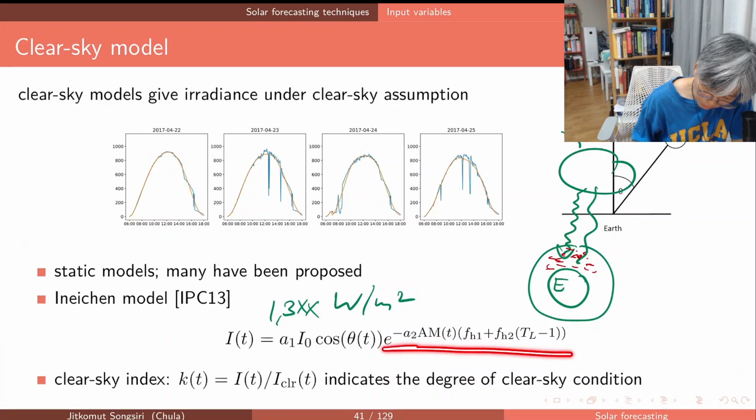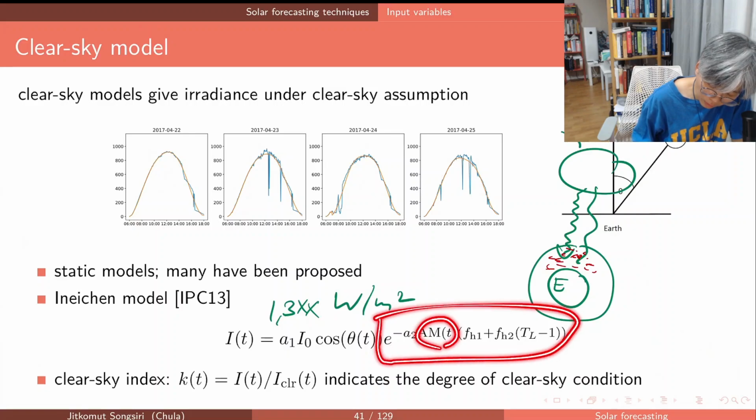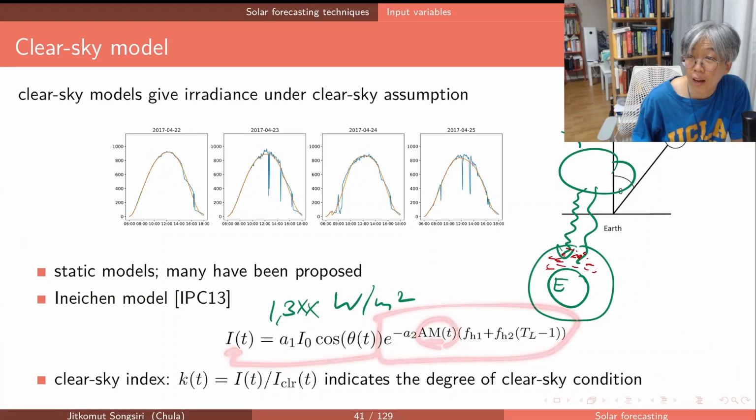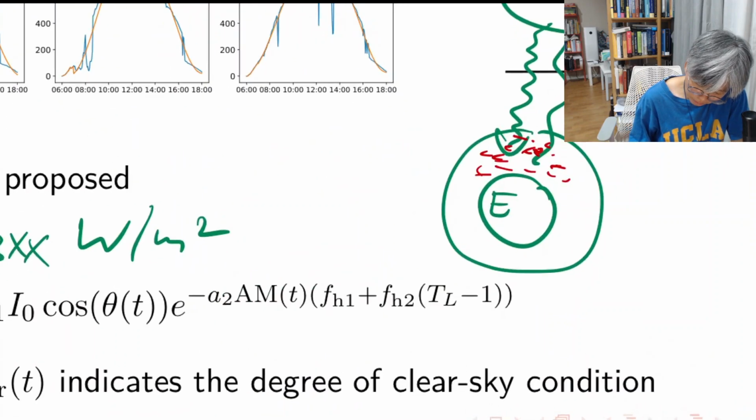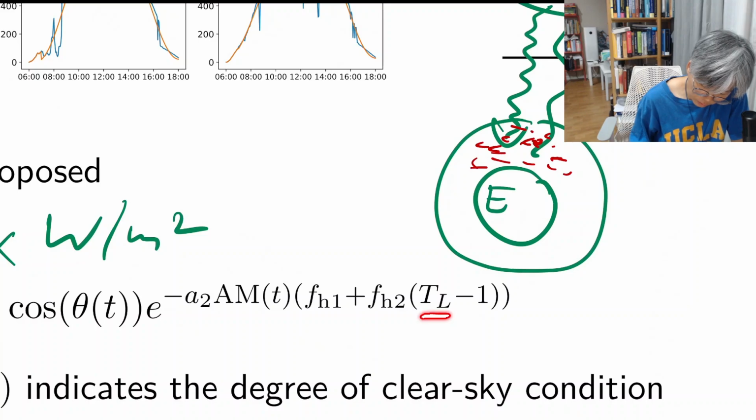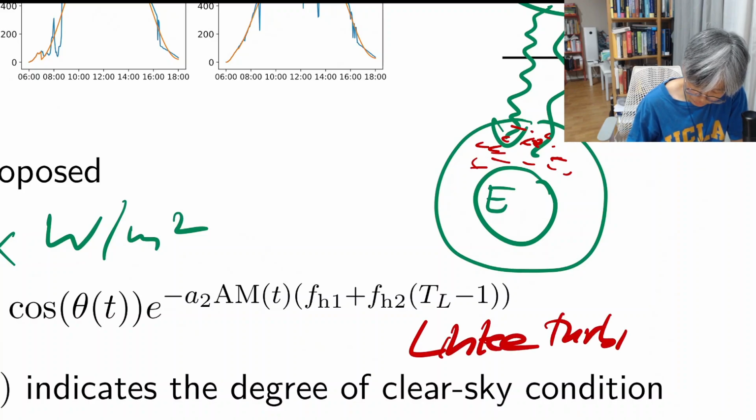This value is an exponential function of air mass. These represent air mass, and the higher the air mass, the less the value of this, right? So there is less irradiance when the air mass is high. Also, it depends on this physical parameter TL, the link turbidity, the turbidity of the atmosphere.